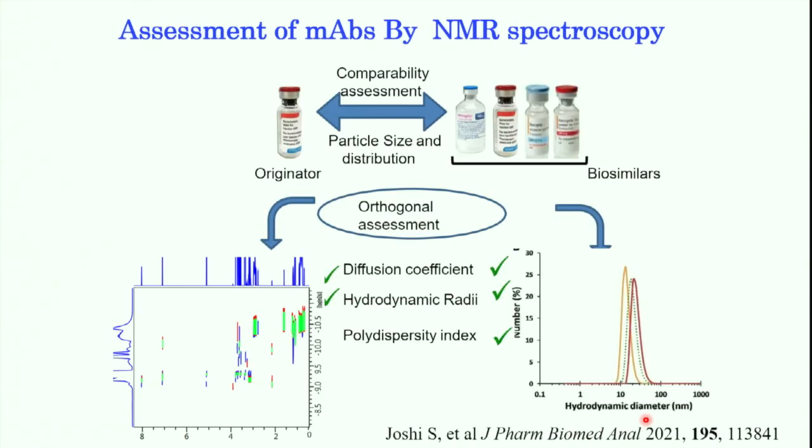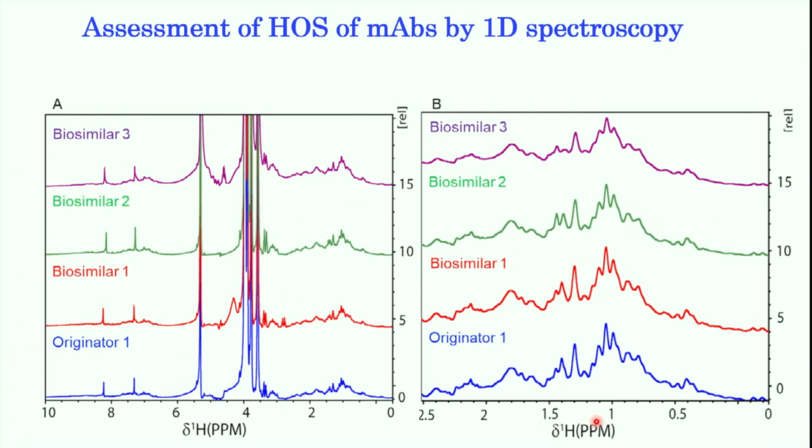for showing biosimilarity. What we did, we measured the diffusion of a formulated biosimilar and compared with the originator, and you can see here the biosimilar hydrodynamic radii coming very nicely, and we also matched with dynamic light scattering. We published this in the Journal of Biopharmaceutical Analysis to show that DOSY can be used even for mAbs showing biosimilarity.